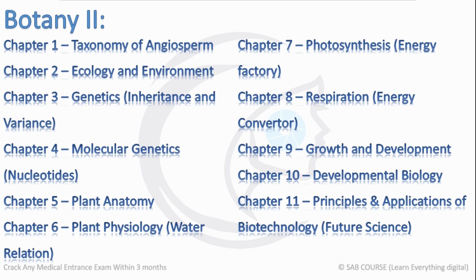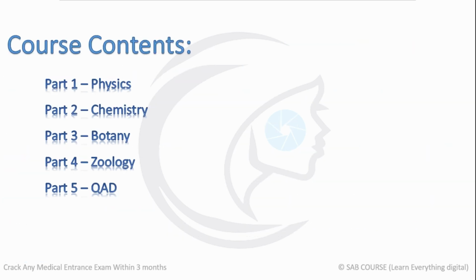We'll learn about transpiration, pressure, and guttation, photosynthesis as energy factory, respiration as energy converter, and growth and development of plants, developmental biology, principles and applications of biotechnology, which is future science.